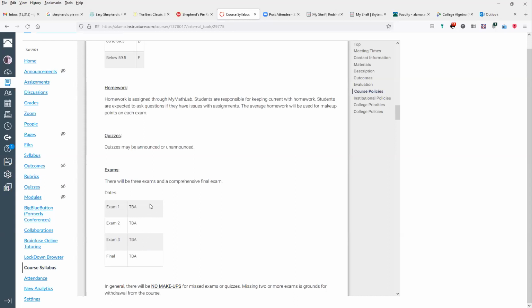So if all your exams are an 80 or above, he doesn't use the final. But if one of these is below an 80, he replaces that grade up to an 80. So if you made a 69 on the first exam and you made an 85 on the final, then that 69 becomes an 80.